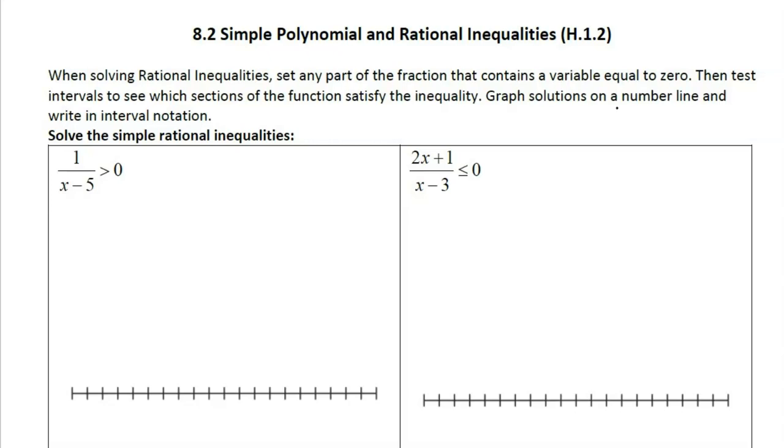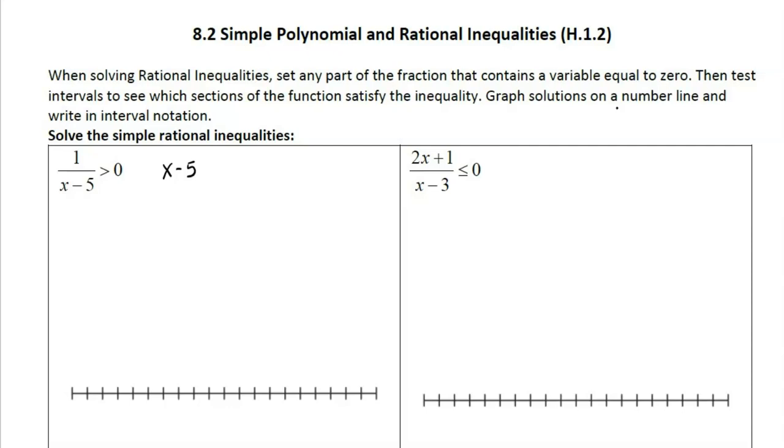We have 1 over x minus 5 is greater than 0. In this case, the only part that has the variable is the denominator, x minus 5. Whatever value makes this equal to 0 can't be used, because you can't divide by 0.